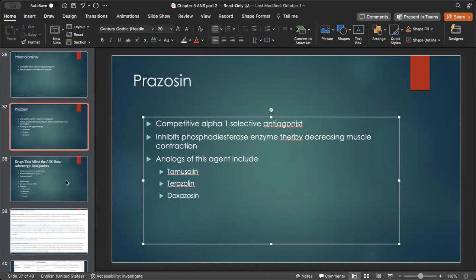So I just want to keep in mind that prazosin, tamsulosin, terazosin, doxazosin can help with things like BPH, and they can help with treating blood pressure. They can be used in different ways because of where they work in blocking the alphas, but this one mainly is used for hypertension.